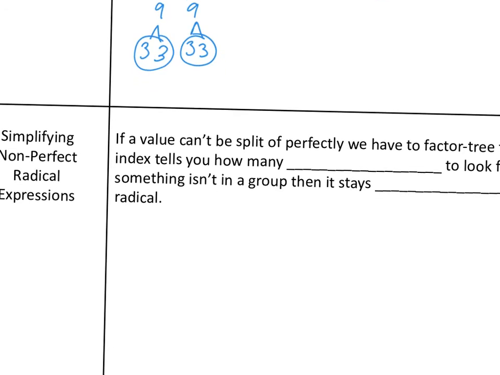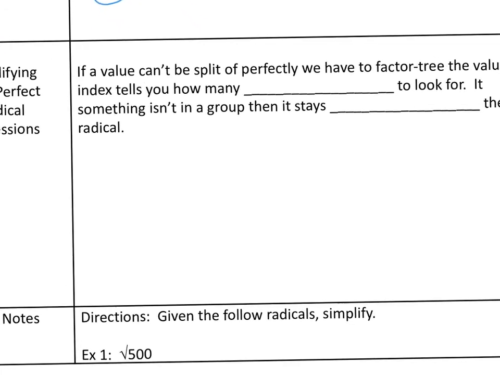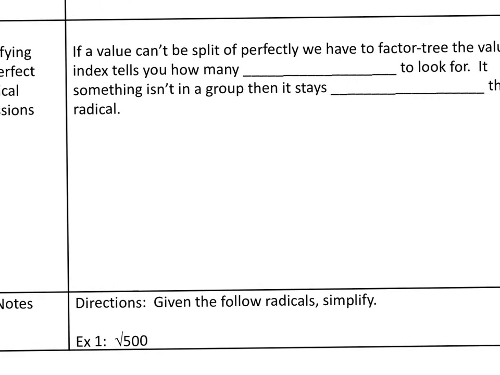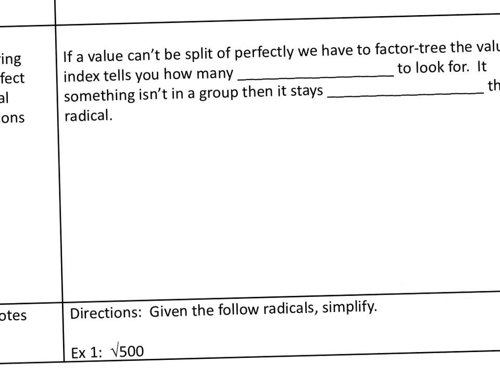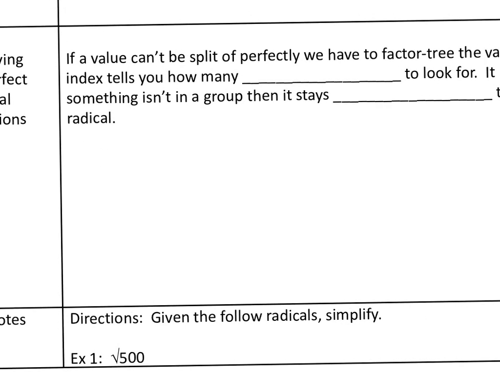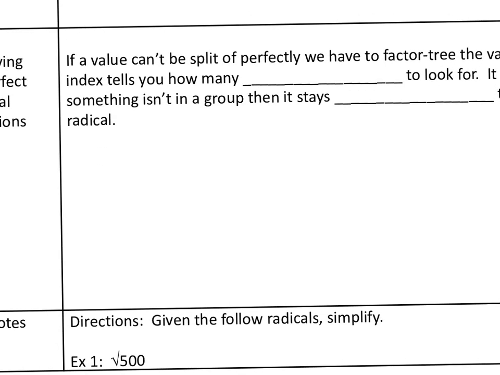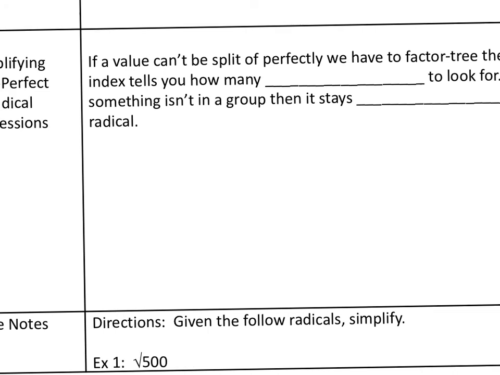Next up. This is where we understand why the factor tree makes sense. So sometimes you're going to have some non-perfect radical expressions, meaning not everything gets to come to the party. Okay? So if a value can't be split off perfectly, we have to factor tree it, just as we've been doing. The index is going to tell you still your group size, okay? So the index, scratch out that how many, and put group size here.